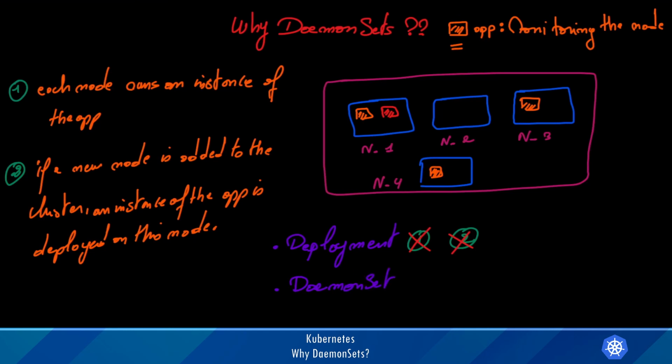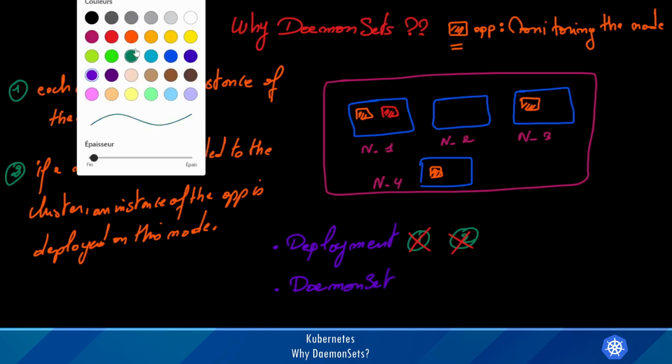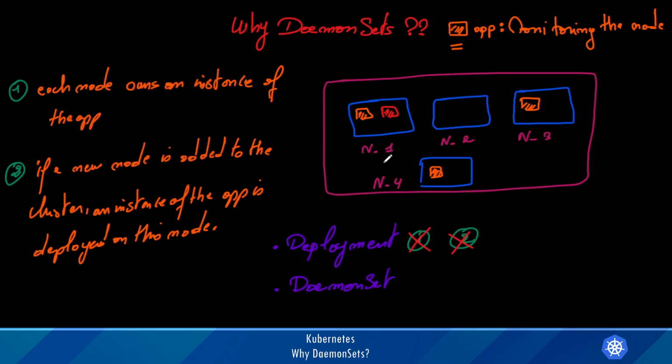A DaemonSet is a Kubernetes object that makes sure that each node runs an instance of a specific app. With a DaemonSet, we can achieve the first requirement, which is running an instance of the app on each node. And we can also achieve the second requirement, which is if a new node is added to the cluster, an instance of the app is deployed on this node.